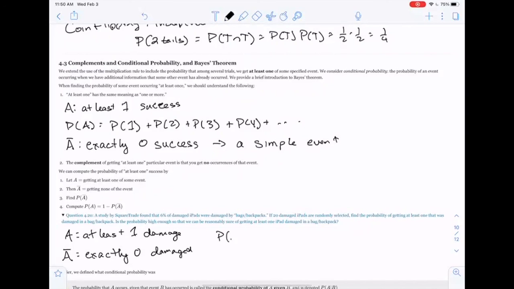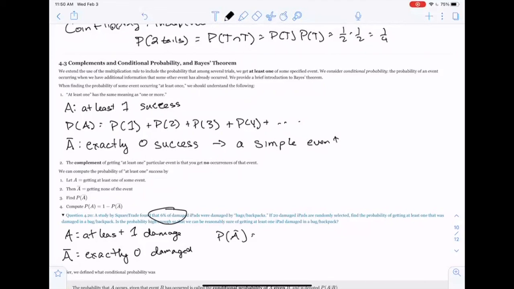And so we can compute the probability of getting exactly 0 damaged iPads, right? There are 20 iPads to pick from. Each of them is not damaged by the bag. So of those 20 iPads, the probability that the first one is not damaged by the bag is going to be the complement of that, right? 6% were damaged. That means 94% were not.